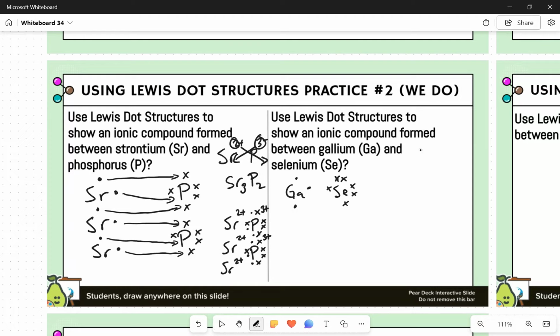Crisscross method. It's going to be Ga2Se3. So I need 2 galliums and 3 seleniums.